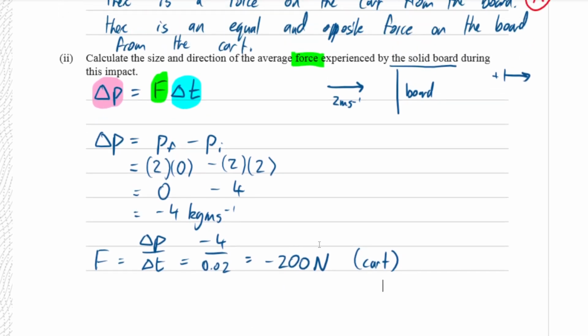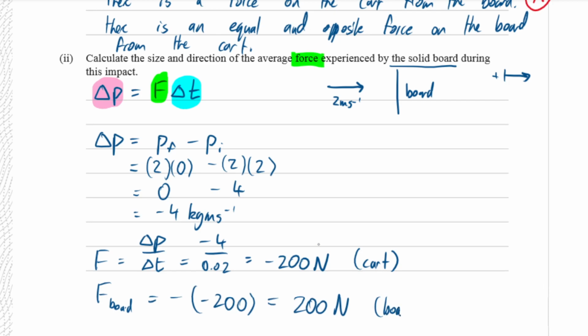So what is the force experienced by the board? So F board would be the opposite direction of that force, which is 200 newtons. And so that's 200 newtons to the right, because it's positive 200.